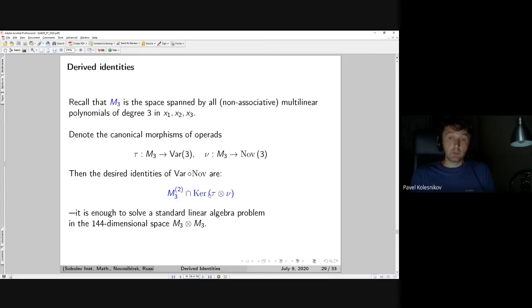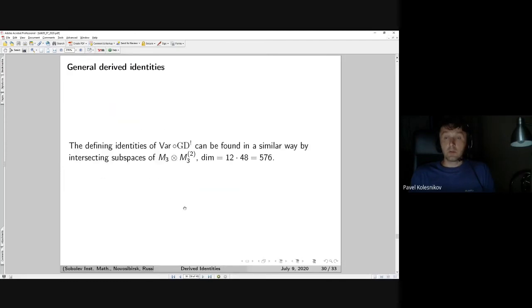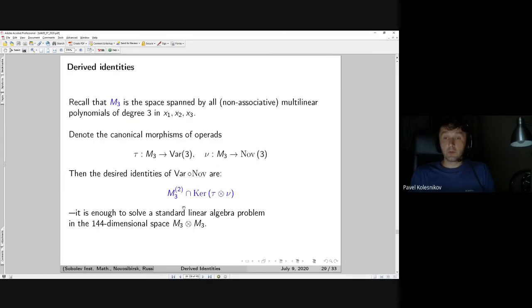But the problem is standard, how to intersect two spaces. It can be done with a computer, for example. If we consider this intersection, then we would get the derived identities, actually.